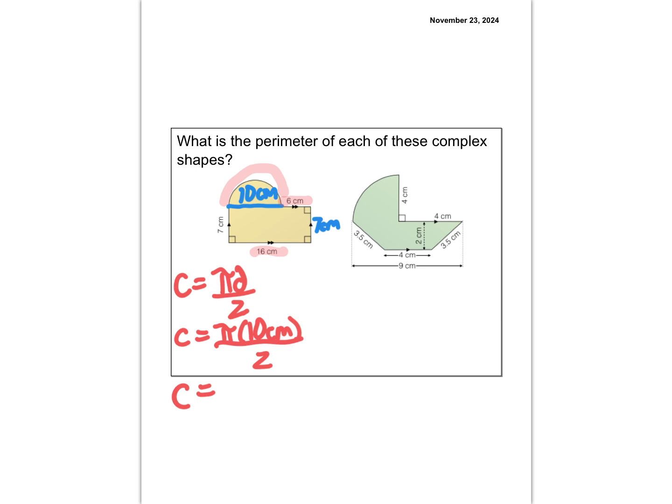Pi times 10, we get 31 and 42/100 centimeters, and we're going to divide that by 2. That gives us 15 and 71/100 centimeters.